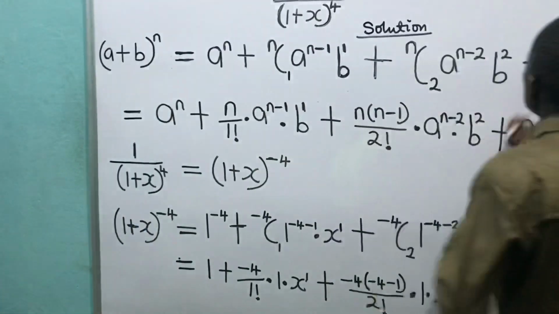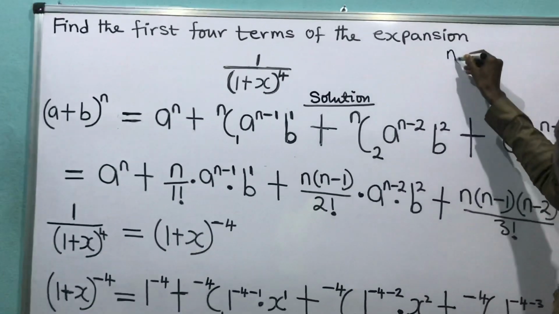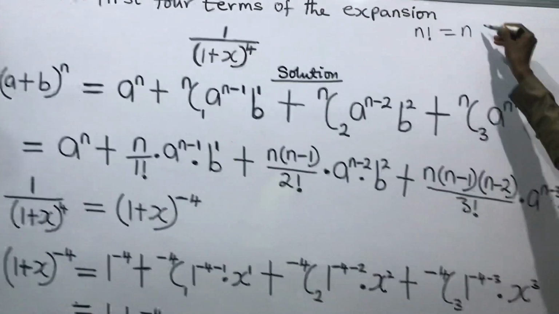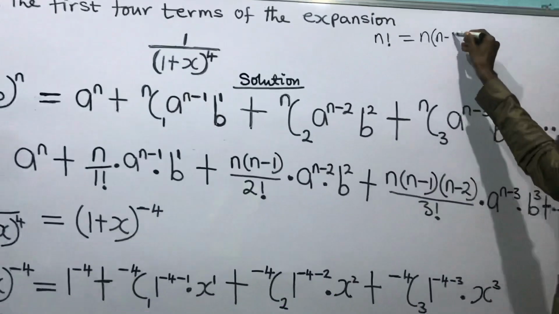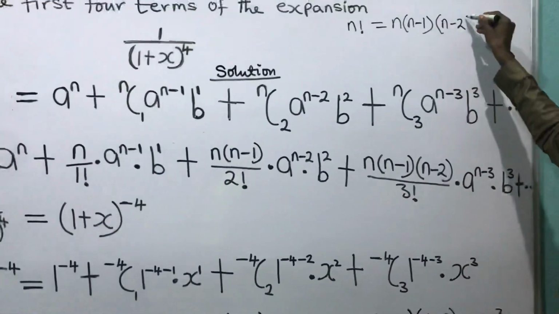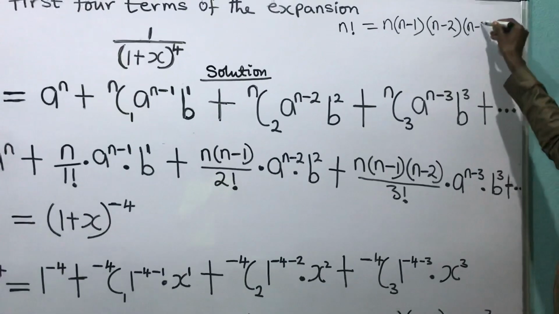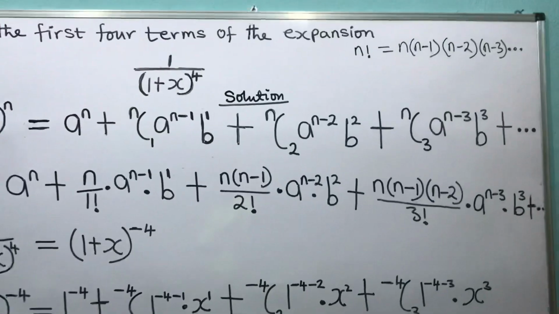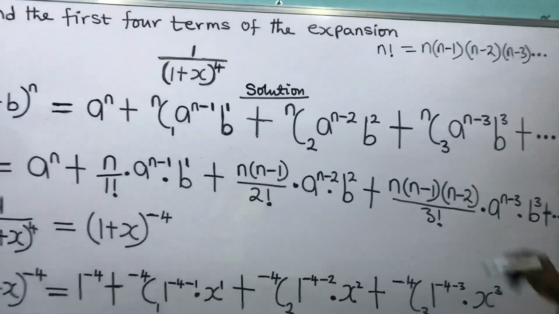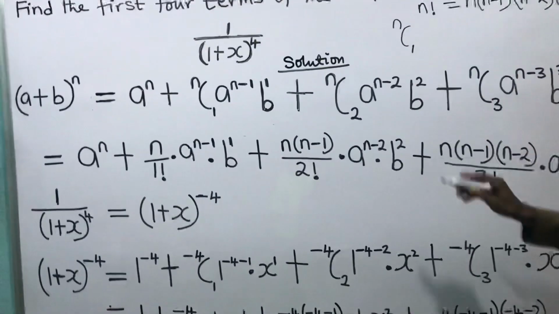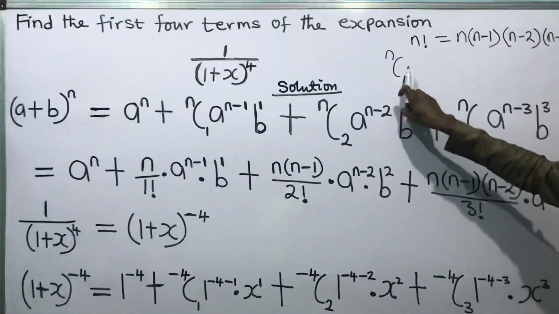If I have n factorial, it means n, times n minus 1, times n minus 2, times n minus 3, dot dot dot, that means continue. Then if I now have n choosing 1, this one takes me where I'm going to end.